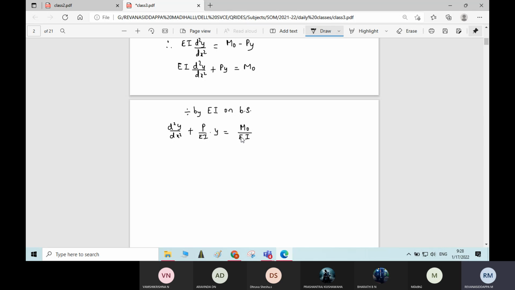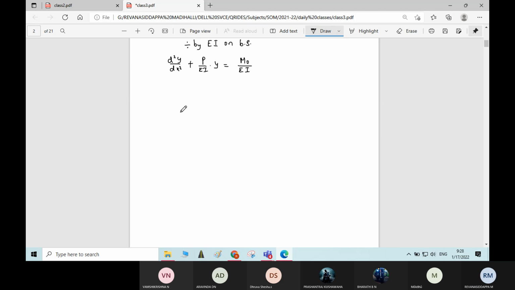If we divide the whole equation by EI on both sides, both LHS and RHS, this is the equation you get.